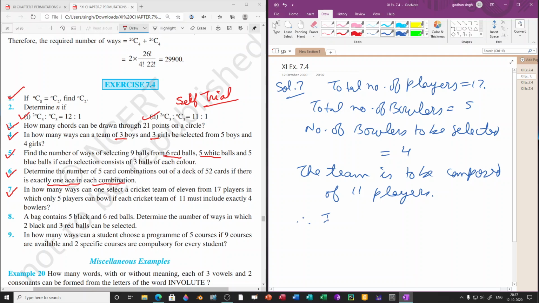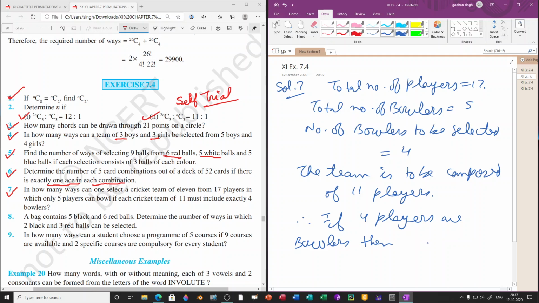Therefore, if 4 players are bowlers, then how many will be non-bowlers?